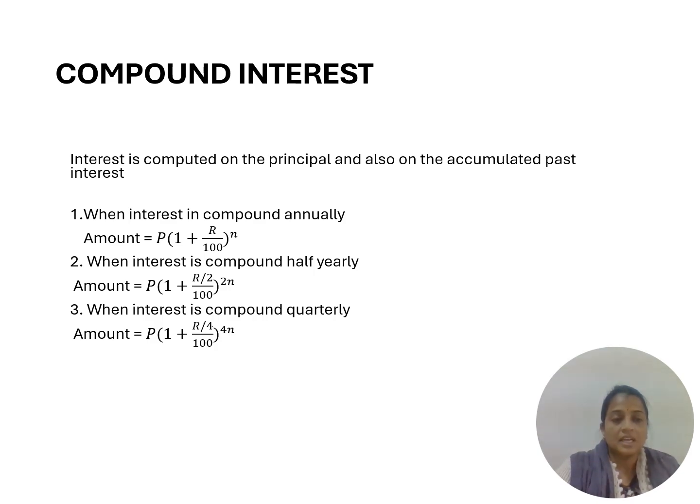That means if interest is compounded half yearly, then time is double and rate is half. When interest is compounded quarterly, then amount is equal to P(1 plus R by 4 upon 100) to the power 4n. That means if calculated quarterly, then rate is divided by 4 and the time is 4 times, that means 4n.